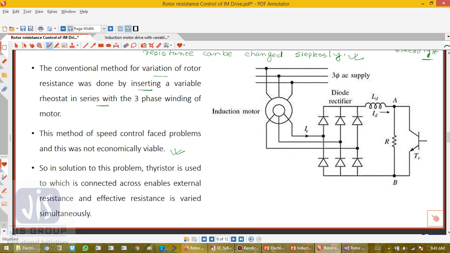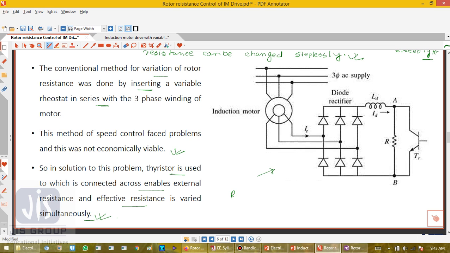So what is the solution? The solution to this problem is that a thyristor is used to switch the connection across the external resistance, and the effective resistance is varied simultaneously. So this is basically called rotor resistance variation using a chopper.